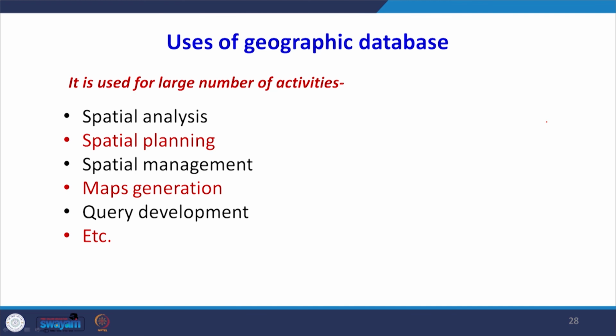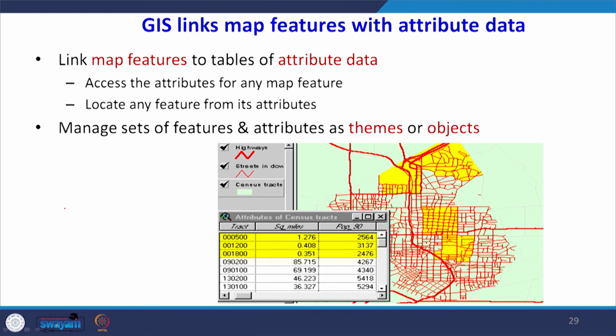When you are using the geographical database, we can use it for a large number of activities. Once the database is perfect, we can carry out spatial analysis, spatial planning, spatial management, map generation, query development. So there's a long list actually. When we discuss how to make use of the database, we'll discuss in more detail, but a lot of things can be carried out with that.